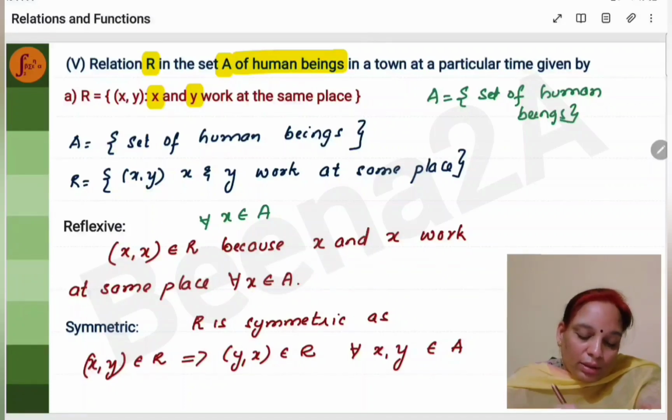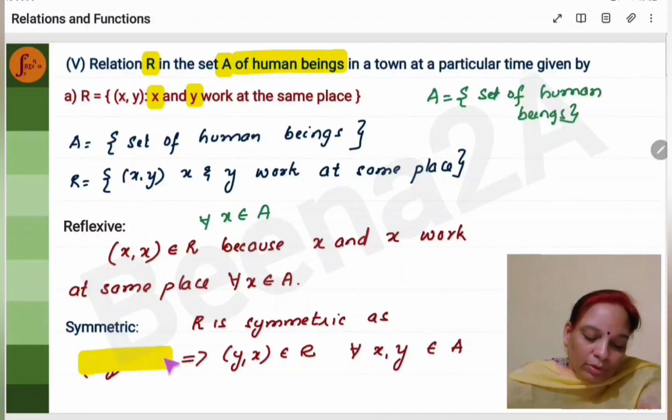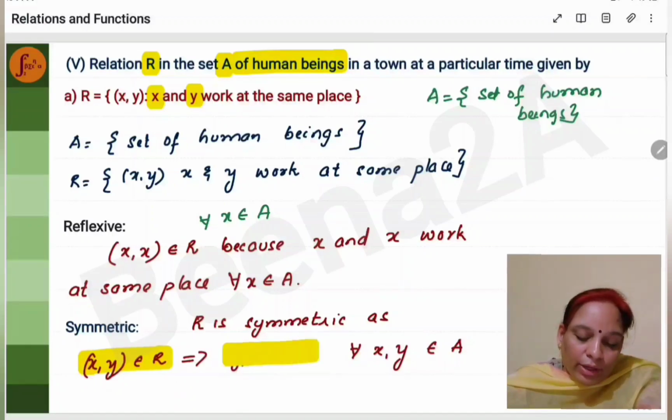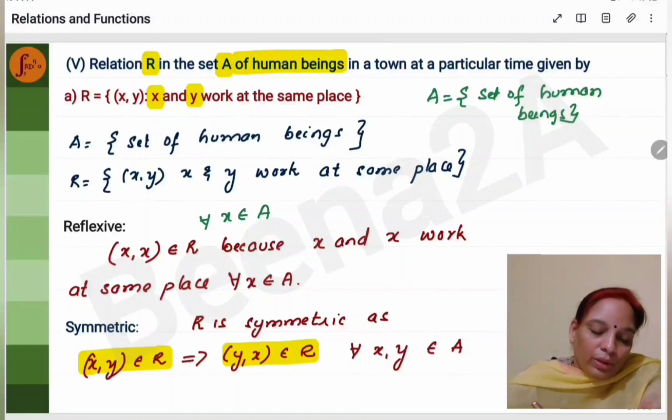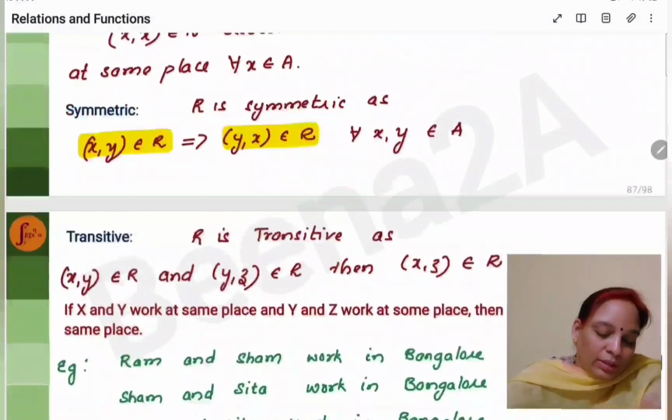Symmetric. If xy belongs to R, what is the condition? If xy belongs to R and yx belongs to R, then you can call it symmetric. Now, it's simple, right? Let's take this example.